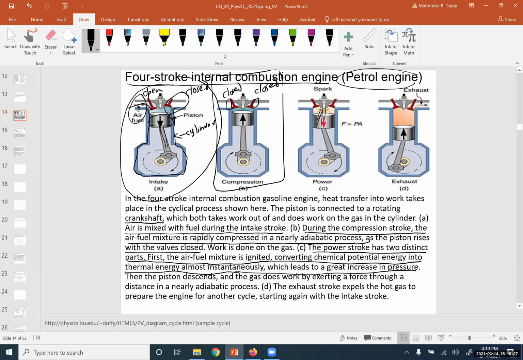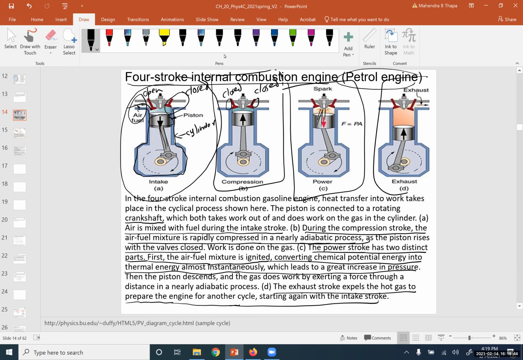In the final stage, the exhaust stroke expels the hot gas to prepare the engine for another cycle, starting again with the intake stroke. This means the cycle will be repeated again and again.